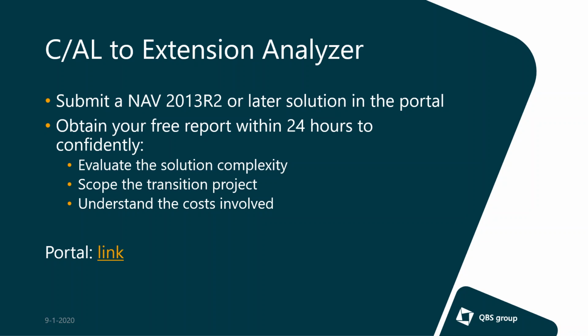In the link, you will be directed to the portal of One Click Factory, where you're able to upload your solution, and then within 24 hours for free you get a report on that. So a great free first introduction if you're researching your current solution on how to convert it into an extension.